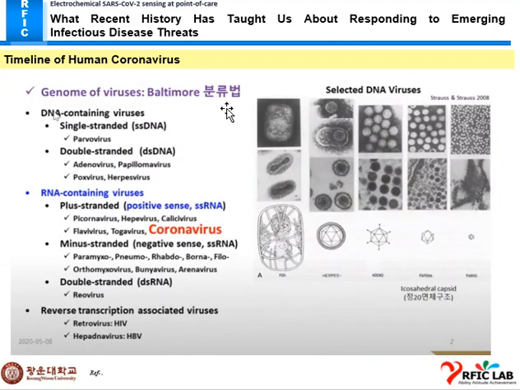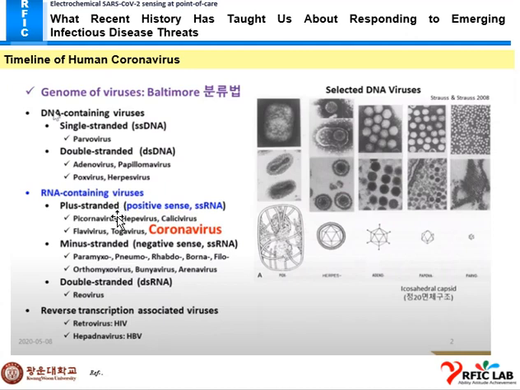Before describing the virus, knowing about the genome of the virus is a very important part. There are different kinds of virus. Some are DNA containing, some are RNA containing. So our main concern is coronavirus.